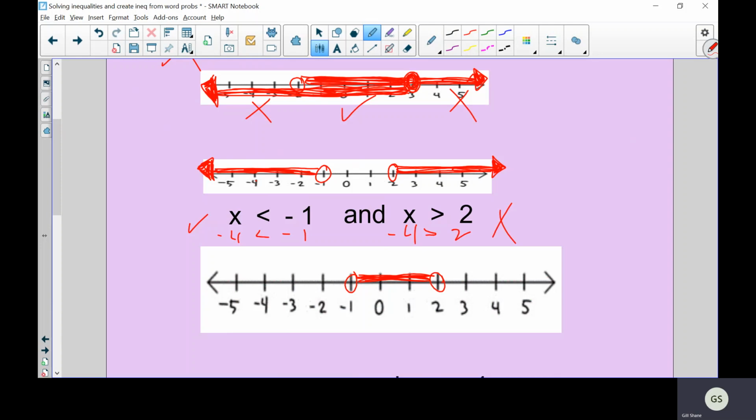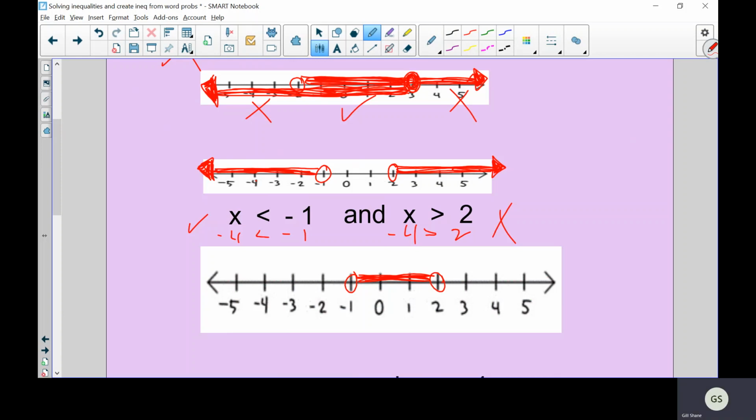It'll work for one of them, but not both, which means it doesn't work for an and compound inequality. Now let's test 0. We said 0 isn't less than -1, so it didn't work. Quickly, 4. Is 4 less than -1? No. So neither worked for this one, so we're done. There is no number that works for that.